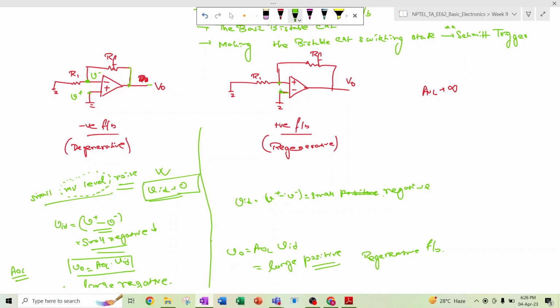Like this, the virtual short concept never holds in positive feedback circuits. So for the negative feedback circuit, the output approaches zero due to decreasing VID, while due to increasing VID in the positive feedback, VO saturates.